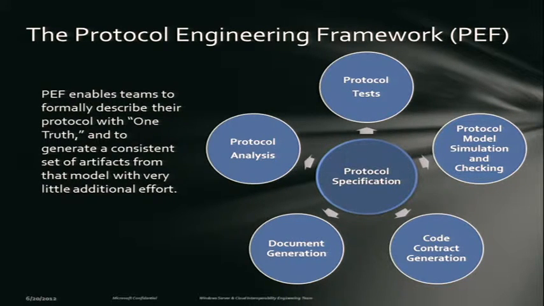So we could create protocol analysis, our parser, the tool that I'm going to show you today. It's just one facet of this framework. But we can also generate documentation, so that it is always up to date with any changes in the specification, as well as simulation and the protocol itself. We can generate the stubs that are used to create the protocol. So again, we have this one truth.